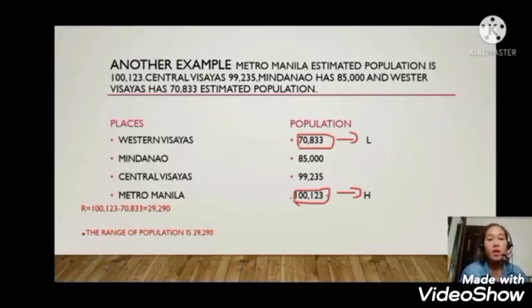So we have here R is equal to the highest, 100,123, minus the lowest, Western Visayas, 70,833. So the range of population is 29,290.